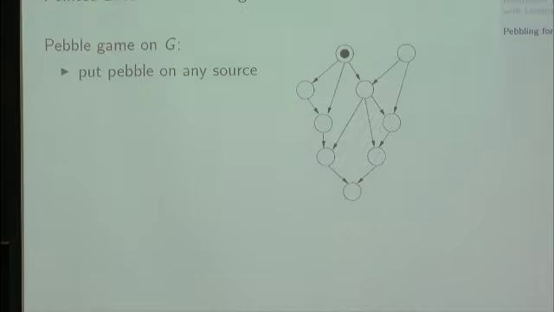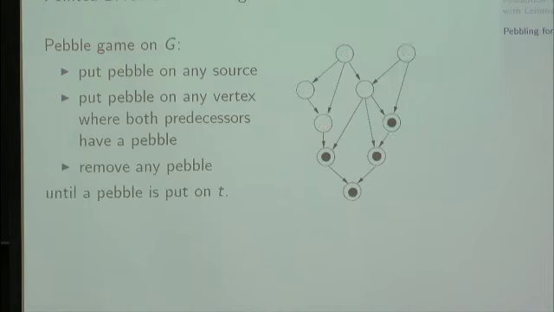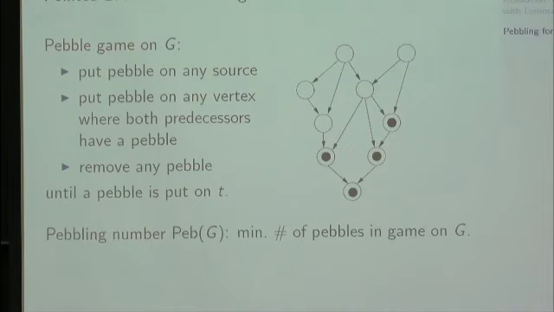So you can put a pebble on any source, and if a vertex has all its predecessors pebbled, then you can put a pebble on it, and you can remove pebbles at any time, and this way you continue to put the pebbles on the graph until a pebble is put on the sink. The pebbling number of a graph is the minimal number of pebbles you need to reach the sink in this game.